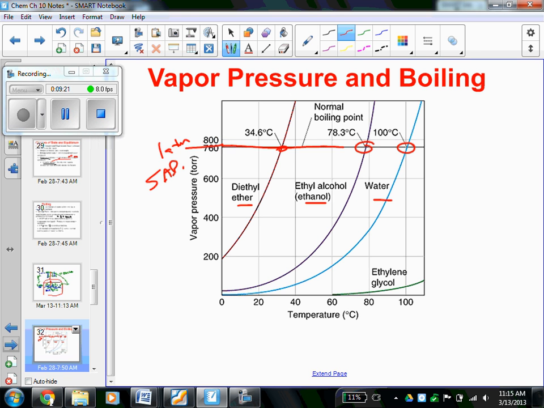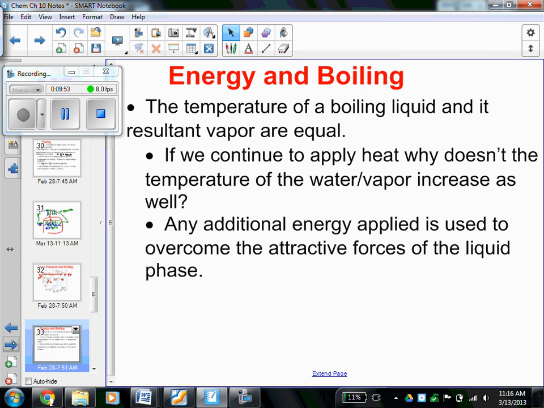Well, I must say that water, since it has the highest boiling point, must also have the highest intermolecular forces because the particles are super sticky, so I have to get the temperature higher in order to make these things boil. The diethyl ether must have the weakest intermolecular forces. This is more of a volatile liquid. This is not so much a volatile liquid, and therefore lesser temperatures are needed to boil diethyl ether. Okay, because the particles have weaker intermolecular forces.